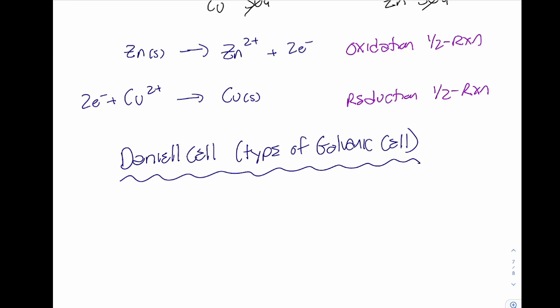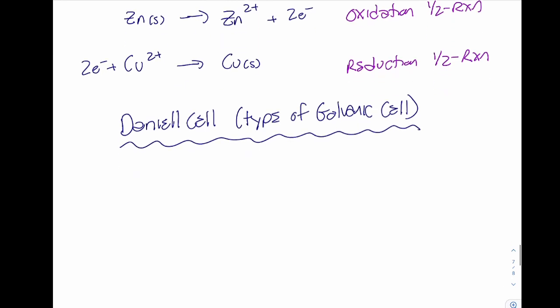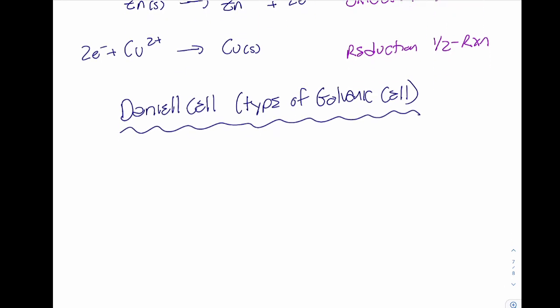We're only going to use Daniell cells, so you can just really think of those as the same. So it's going to consist of 2 half cells, right? One for our oxidation and one for the reduction.